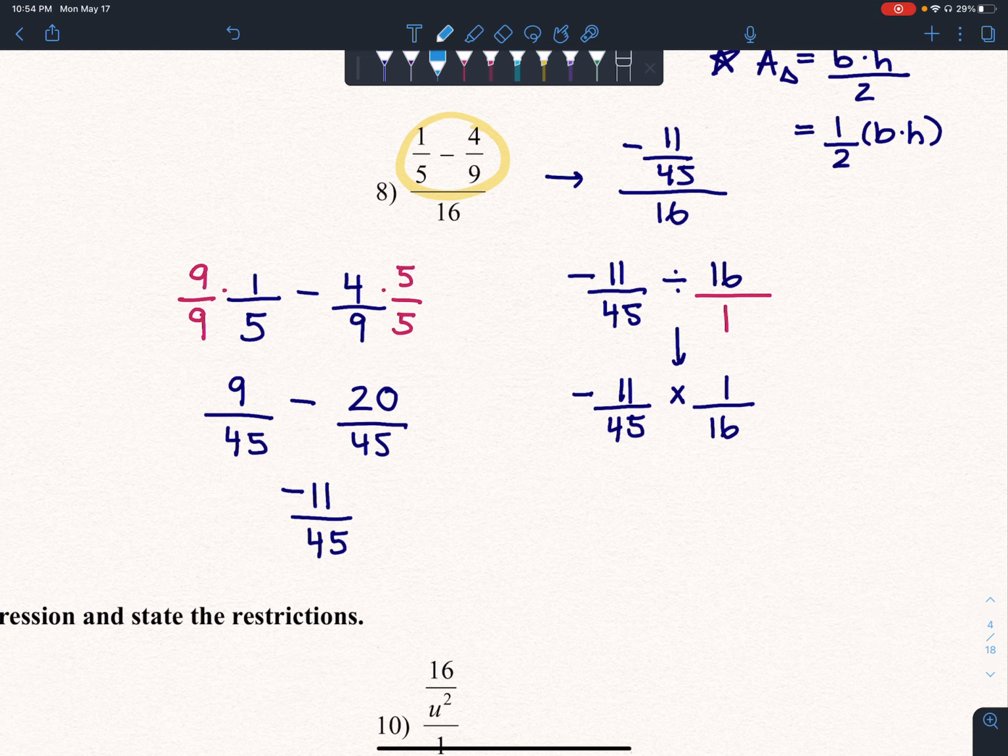Okay, so now actually doing the multiplying, we multiply 11 times 1, 45 times 16, and you might wonder, well, what happens to that negative? The negative comes along for the ride. It's your entire fraction that is negative. You could see the negative as belonging to the 11. You could see it as belonging to the 45.